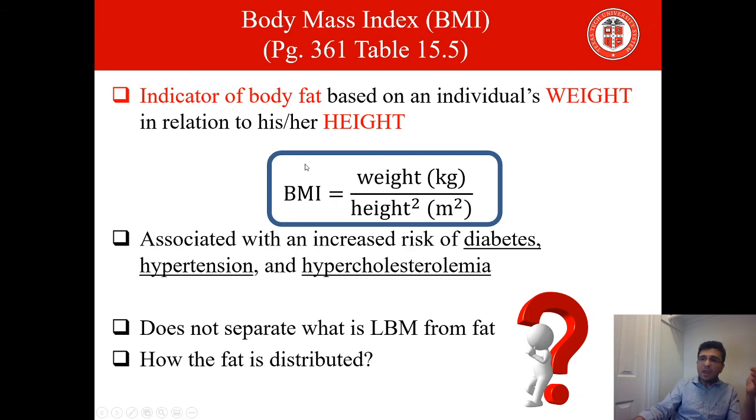Now, the other one is how fat is distributed. We don't know where fat is exactly located on the body. And these are the two points which lead us into the second part of the discussion, which is the abdominal girth and obesity.